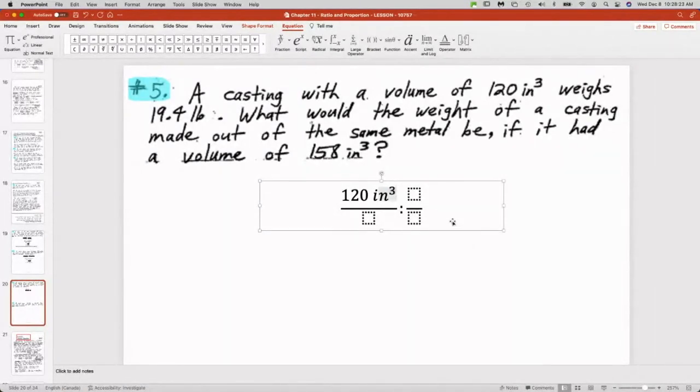I'm going to put the pounds on top. It doesn't matter which one goes on top, but the reason I'm putting the pounds on top is because I believe that most of you would put it as well because it reminds you of density. I mentioned just as I was introducing the section here that this type of question is related to density because on the numerator we have a mass or a weight if you want, and on the denominator we have a volume.